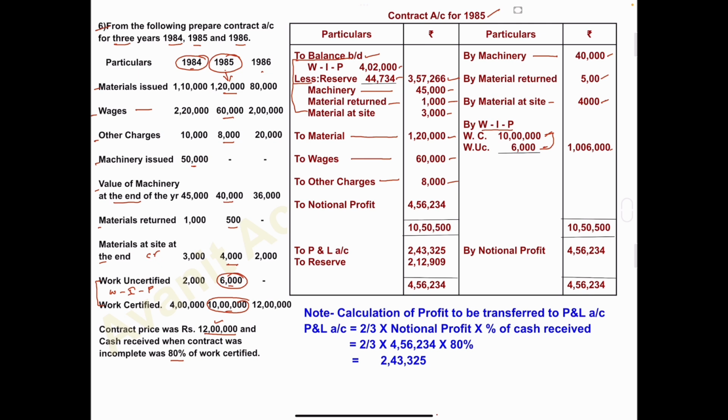side 3,57,266 plus 45,000 plus 1,000 plus 3,000 plus 1,20,000 plus 60,000 plus 8,000, and the total you will get 5,94,266.